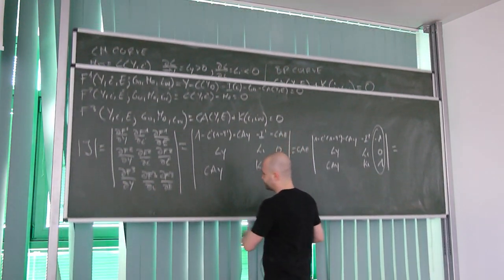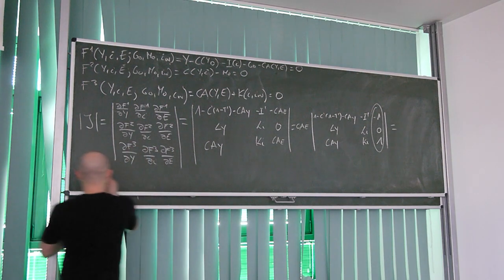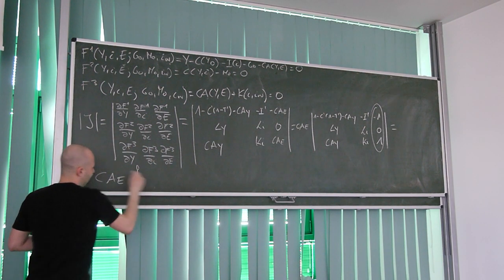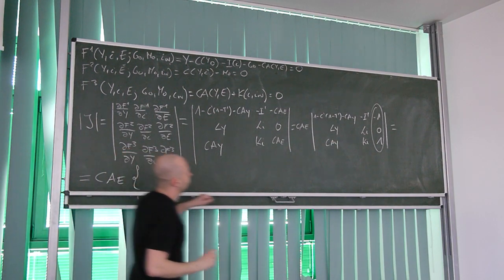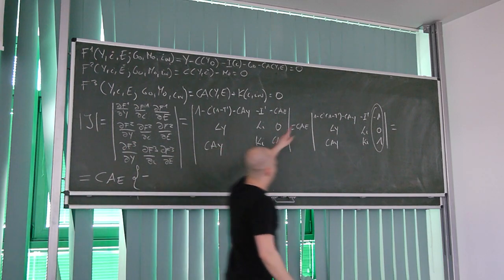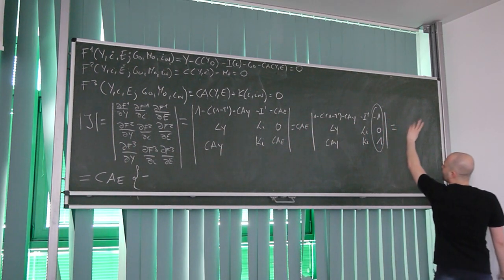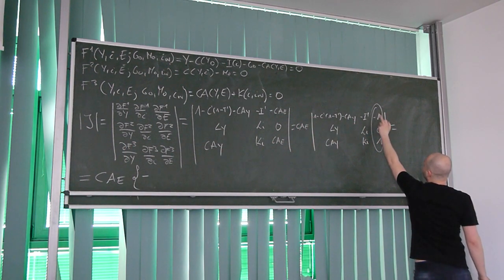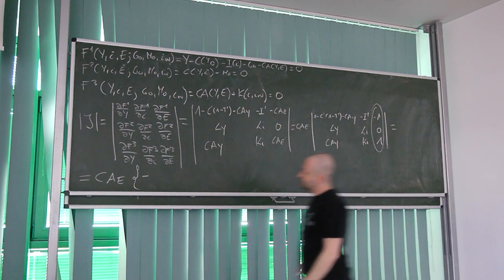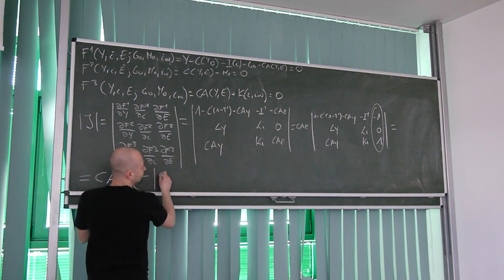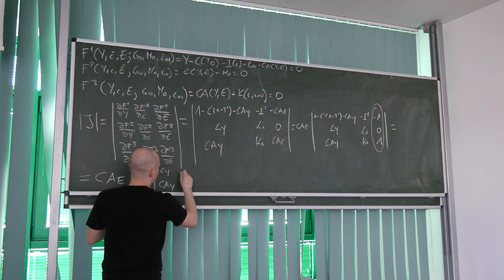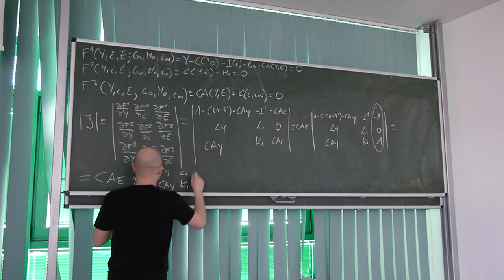And look, over here I'm going to start with CAE. Now I'm opening brackets, and I've got negative, because the first row, fourth column element is negative 1, so we've got minus, and over here what appears is LY, CAY, LI, KI.